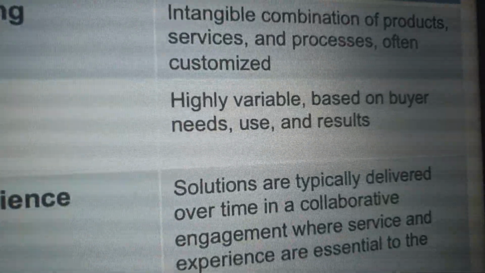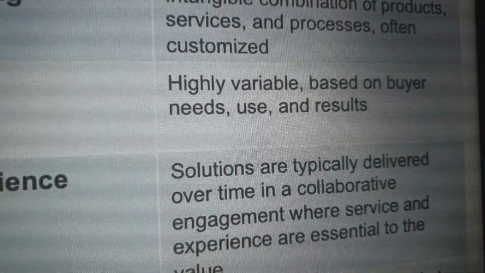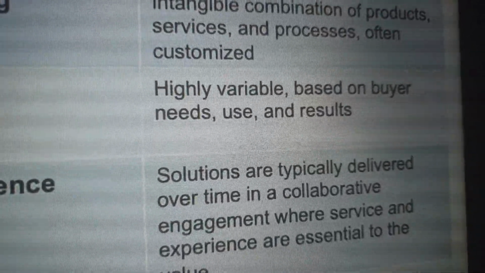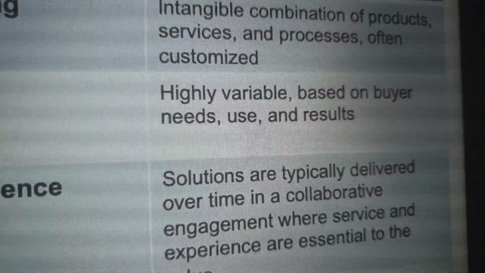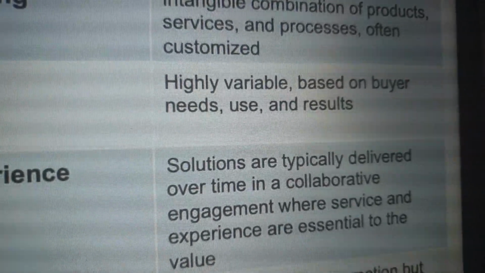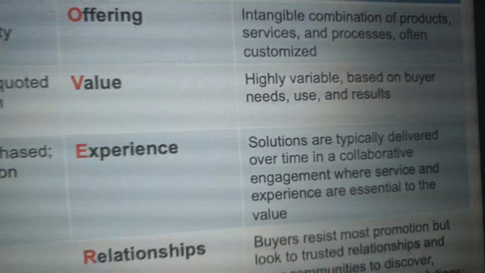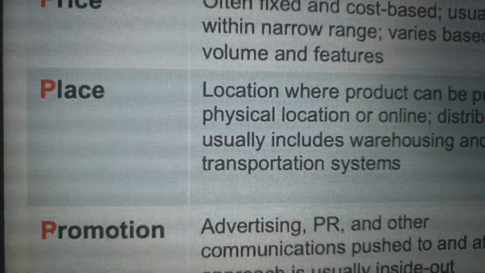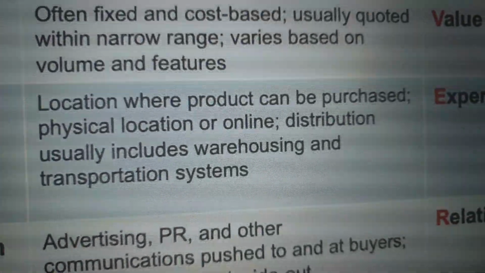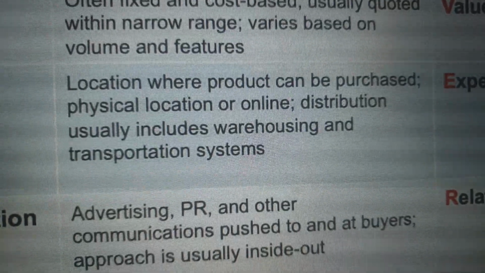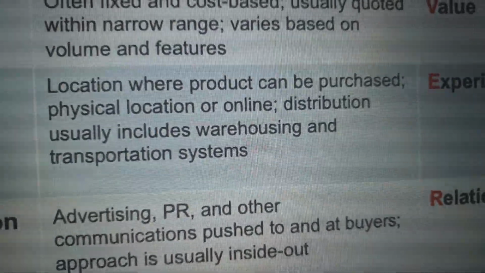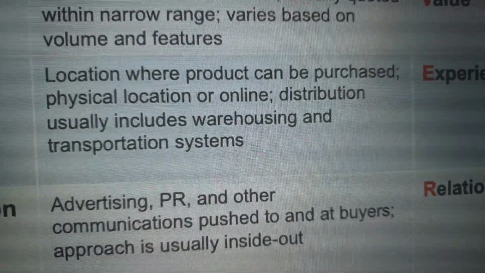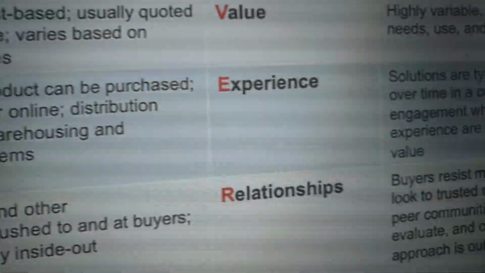You can buy sugar, for example. If it's going to be used at the breakfast table, the price might be different. But if it's going to be used in a factory to make more things as an intermediary good, it might also be different. And lastly, thirdly, we have place. The location where a product can be produced, a physical location, or even online distribution, usually includes warehousing and transportation systems.